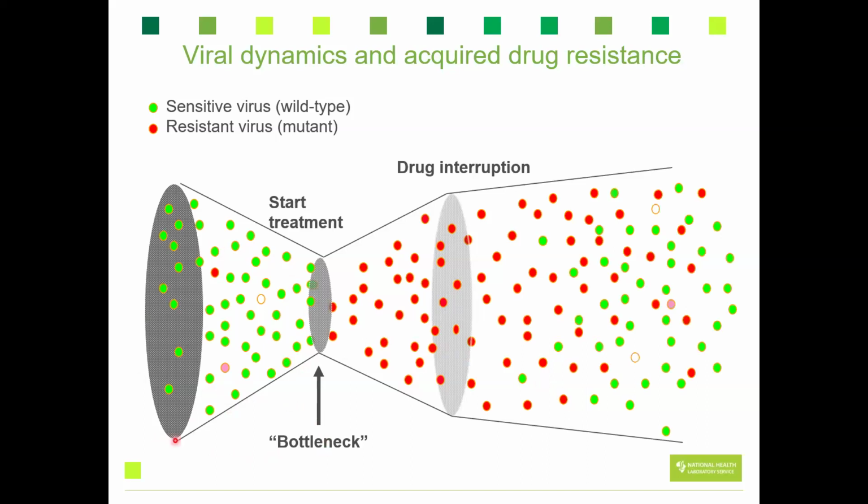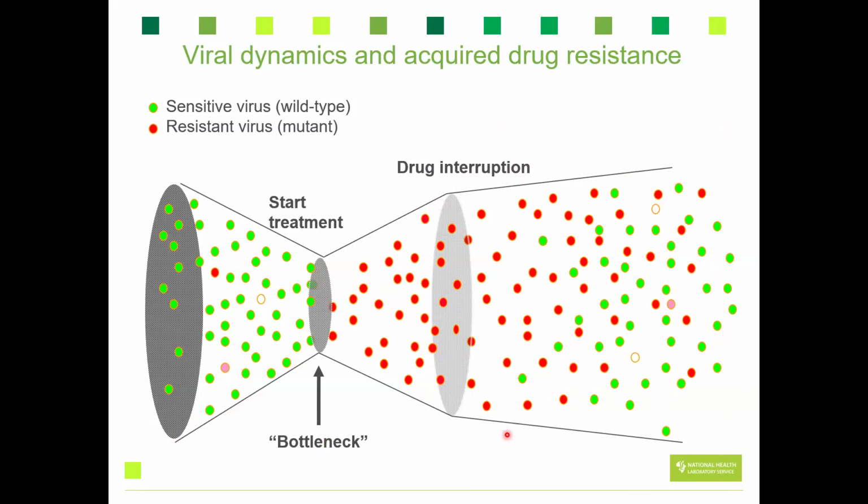So every virus is integrated into the human genome. So at any given stage, that virus can be transcribed and can be reactivated if you want. So if you wait long enough after drug interruption, you're going to have a mix between your wild type and your resistant ones.